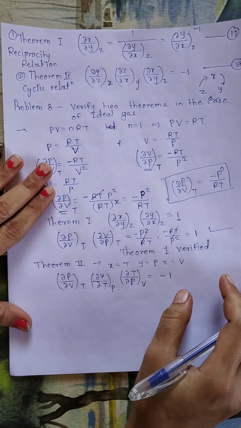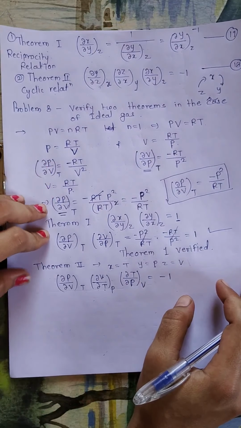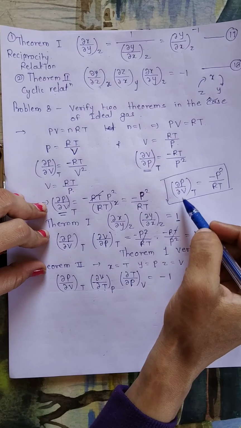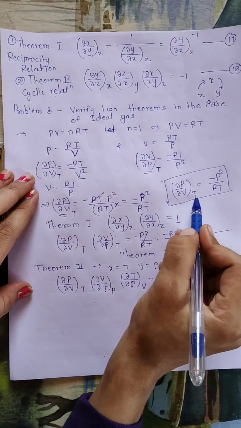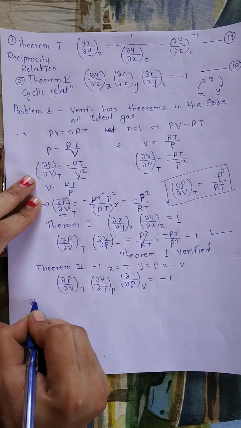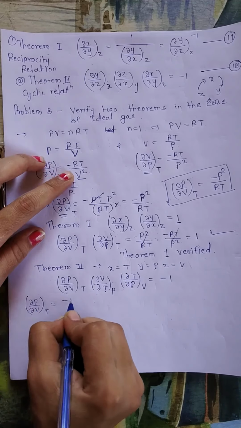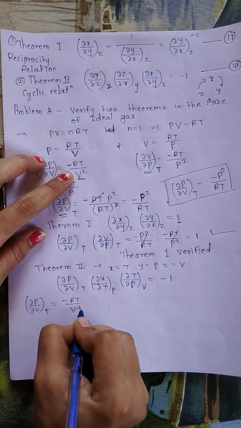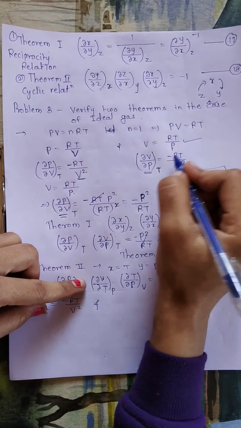So let's find those values. So instead of this value we will use this value for ∂P/∂V: ∂P/∂V at constant T is taken as -RT/V², and to find ∂V/∂T we will use this relation.